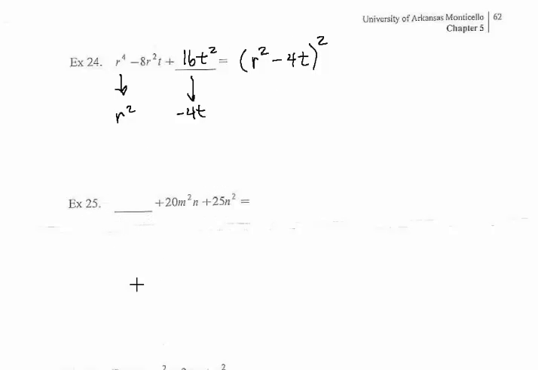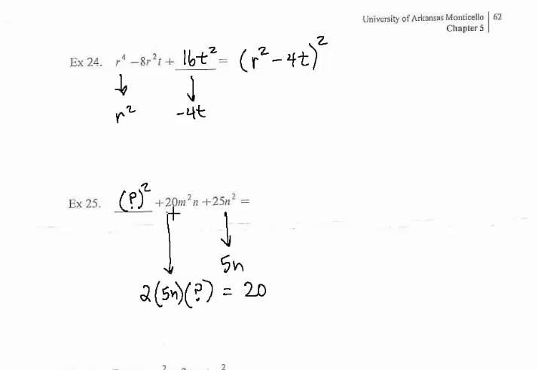Okay, so same drill here with 25. We find the square root. Alright, this middle term is going to be a 2 automatically, times the square root that we know, and then times the square root that we don't know. Okay, so we take this, we set it equal to the middle term, and we solve for the question mark. 2 and a 5n.